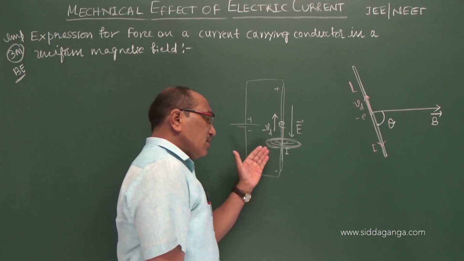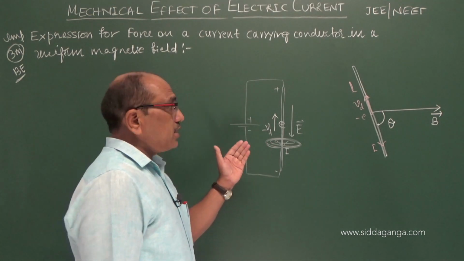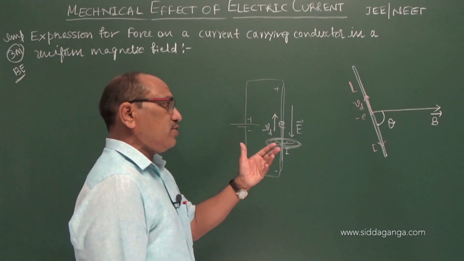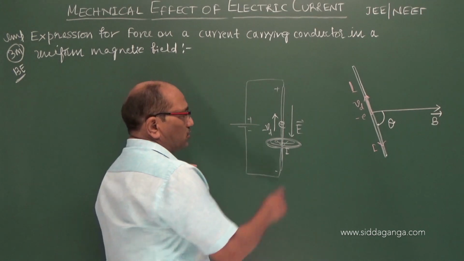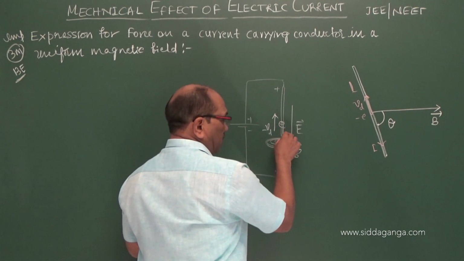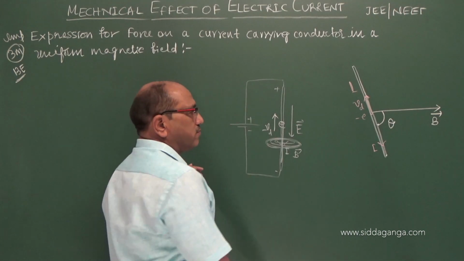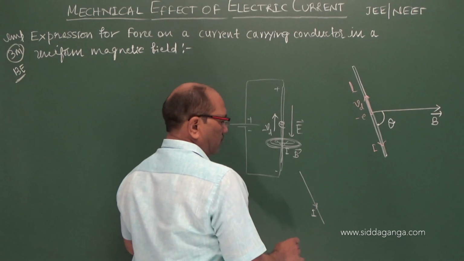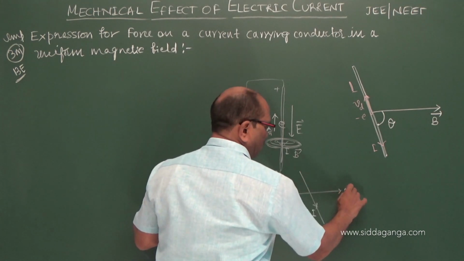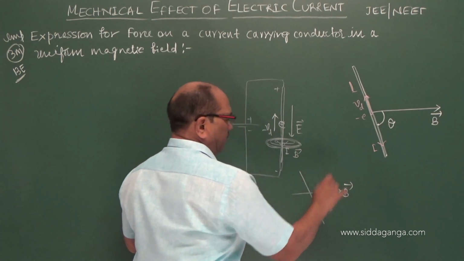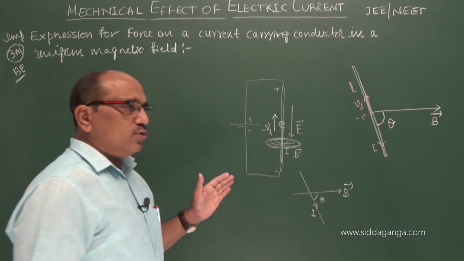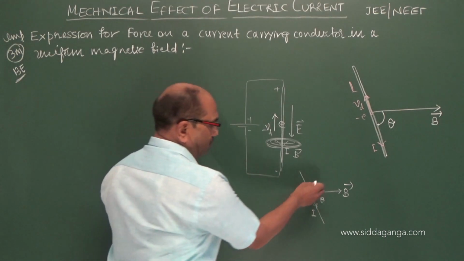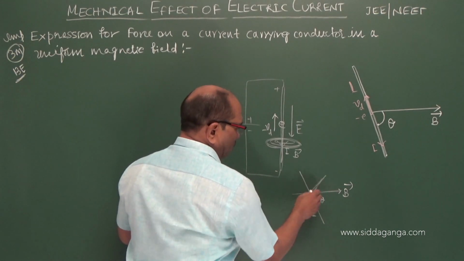You already learnt this in the magnetic effect of electric current. That is the same reason, which we can extend to the conductor carrying current placed in a magnetic field experiencing a force. The conductor is placed making some angle theta with respect to the magnetic field, and you came to know in the magnetic effect that the magnetic field is produced in a plane perpendicular to the direction of the current.